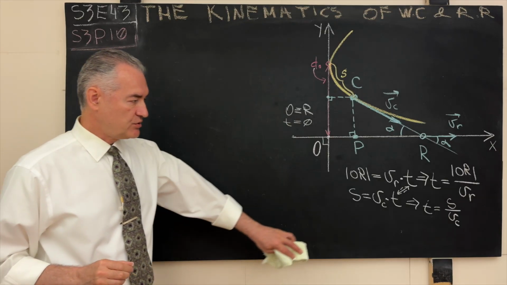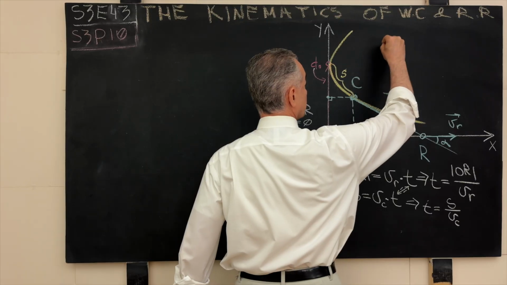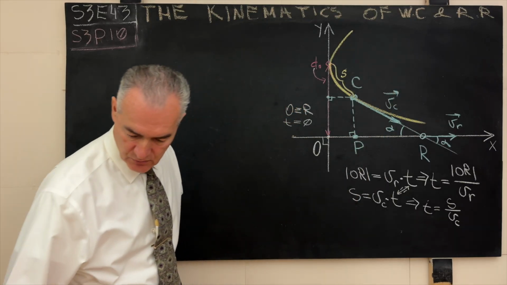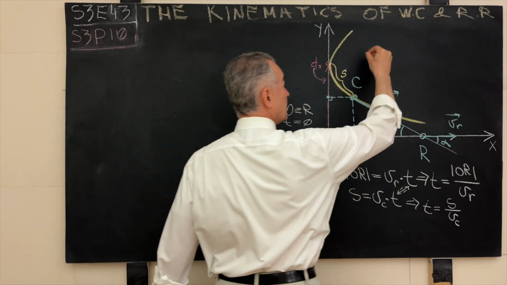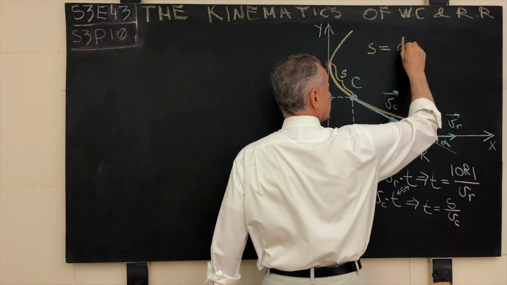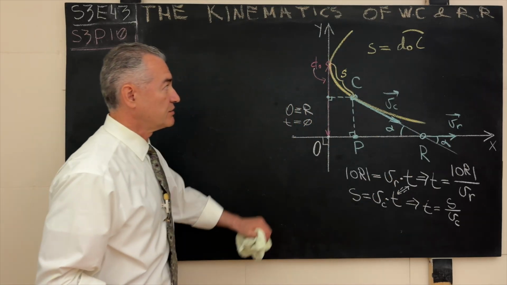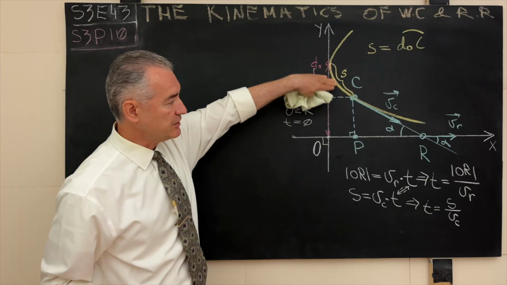Again, it should be understood that S over here is the arc. Let me put it this way. S, in yellow again so it's easier for you to see. S is the arc, let's say D0C. This is the arc D0C, this portion right here, curvilinear portion.